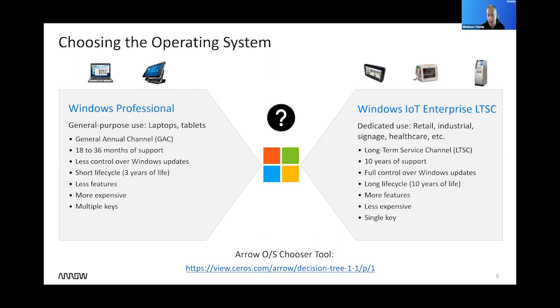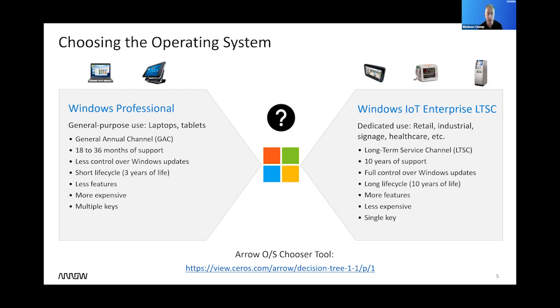Or am I building an appliance? In this scenario, the OEM is building an appliance that would go into a garage, so it's easy to know that we would choose the IoT version. The number one competitor to the IoT version is Windows Pro, simply because it comes pre-installed on a lot of computers, and many customers think it's easier to just buy it with it already on there.